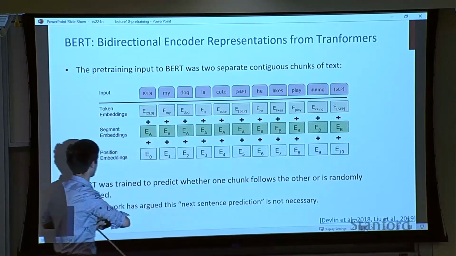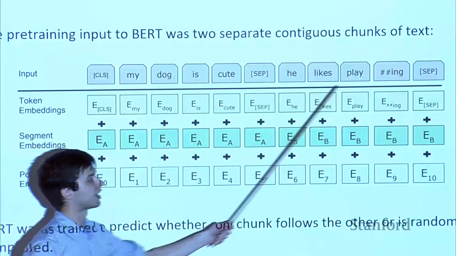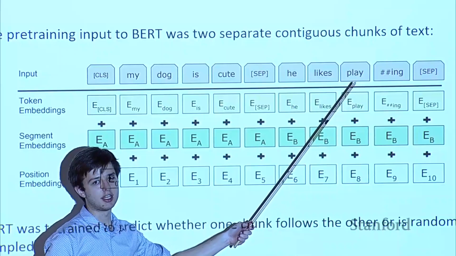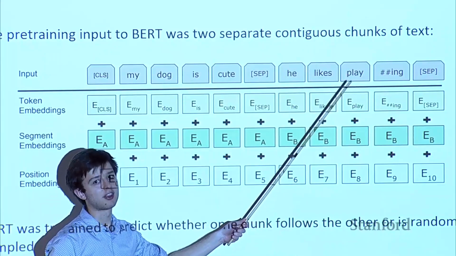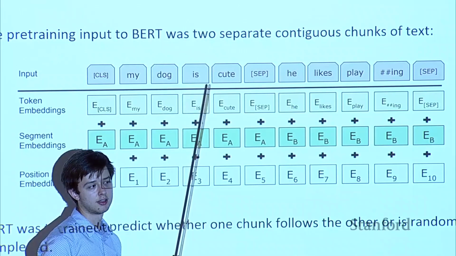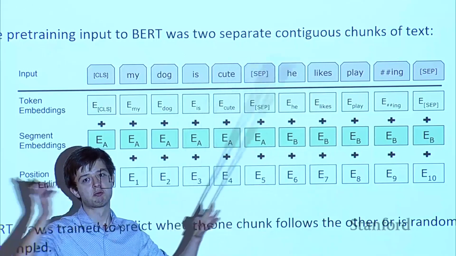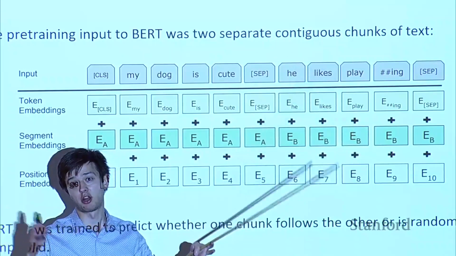So the objective they came up with was you should sometimes have the second chunk of text be the actual chunk of text that directly follows the first in your data set, and sometimes have the second chunk of text be randomly sampled from somewhere else, so unrelated.